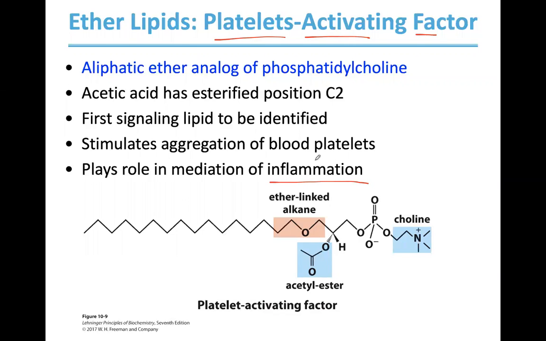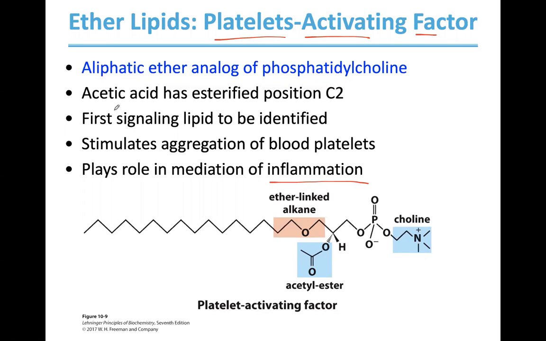And the platelets will have receptors on their surface, which will bind these ether lipids, and basically undergo activation, and start looking for places in the cardiovascular system where there is damage to a blood vessel that requires repair and blood clot formation.